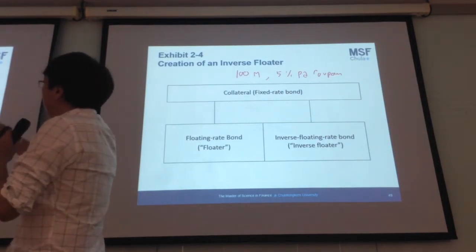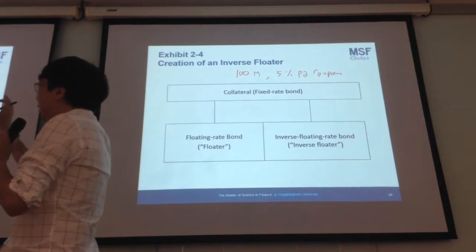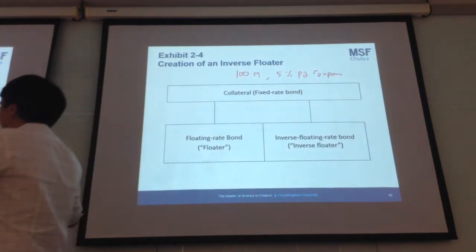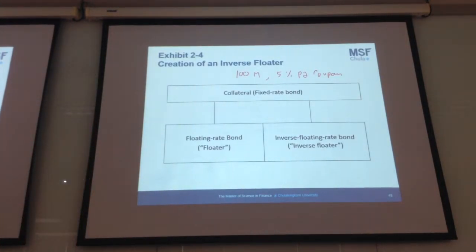Now, based on this investment, the trader can construct two securities. They can issue the floating rate bond and the inverse floating rate bond, or inverse floater, with the same amount.